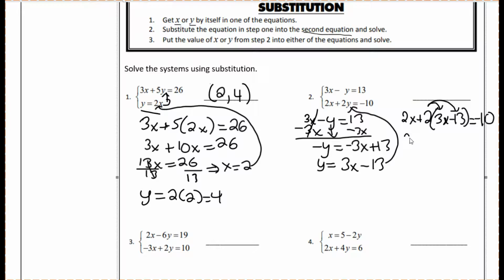So we have 2x plus, 2 times 3 is 6, so 6x. 2 times negative 13 is negative 26, equals negative 10. Combine your like terms. So we have 8x minus 26 equals negative 10. Now we're going to solve for x: add 26 to both sides.